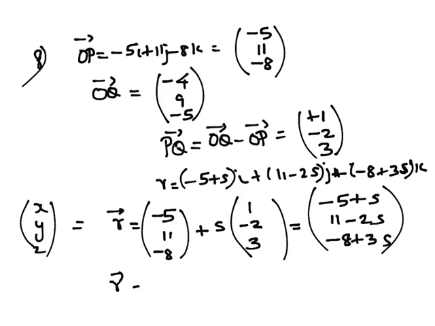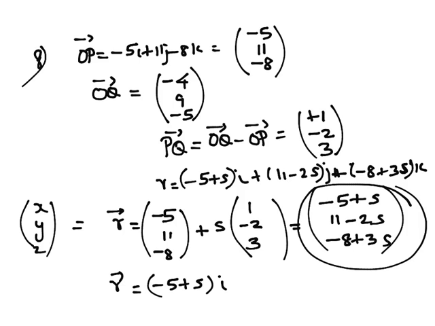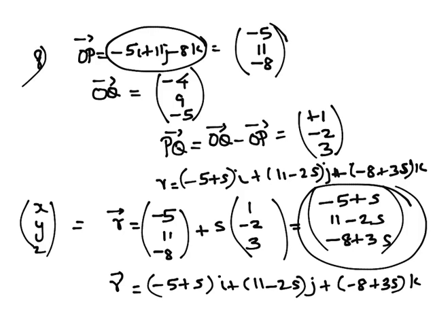So r vector equal to, now if I want to write this in terms of i, j and k, then I will write it as minus 5 plus s into i plus 11 minus 2s into j plus minus 8 plus 3s into k. Like for example, I wrote in ijk in this form, isn't it? Same way you can do the other way also. So that's done. So this subdivision is proved.